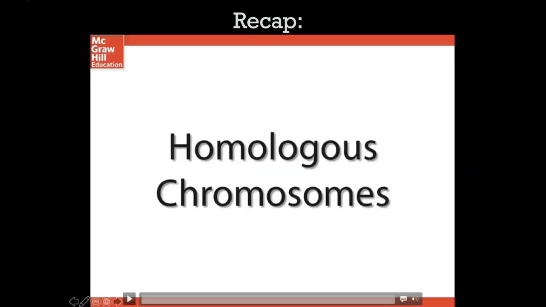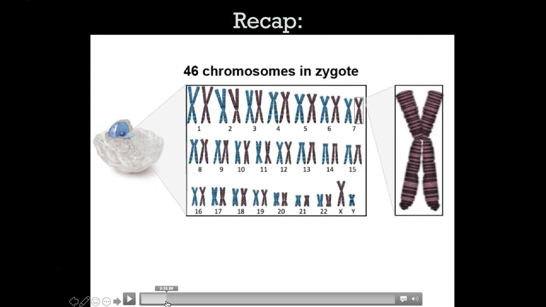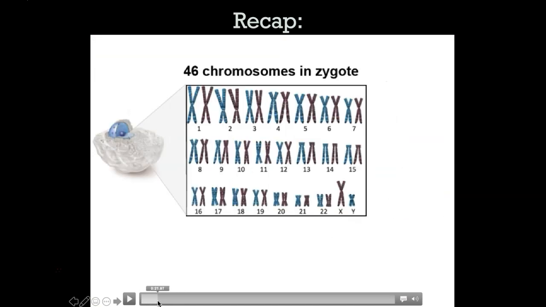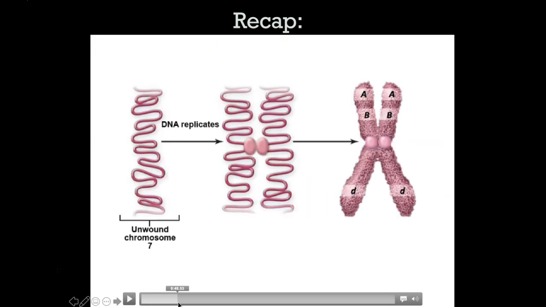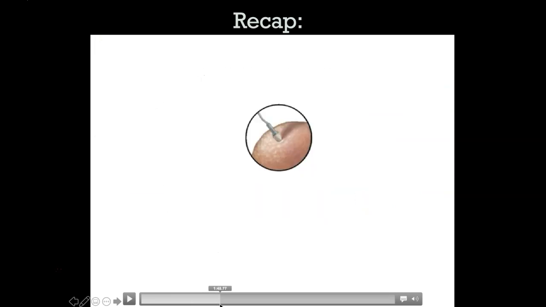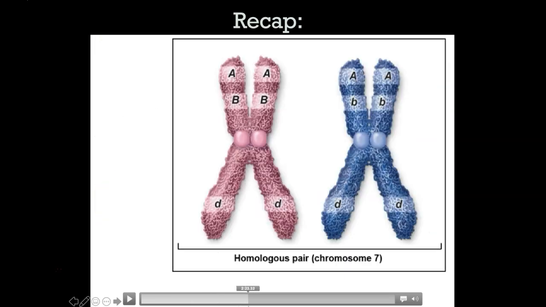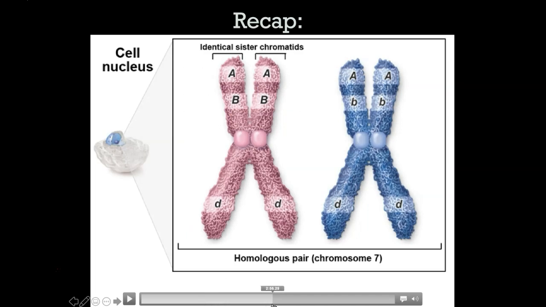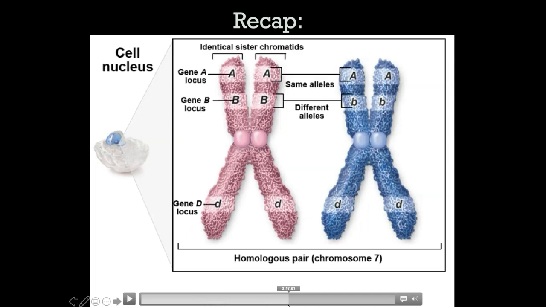So I'd like you to review this video, which is in the Connect ebook. And this talks about a recap of what our chromosomes look like in a zygote, talks about sister chromatids versus homologous chromosomes. It also discusses how these alleles can be the same or different on homologous chromosomes.